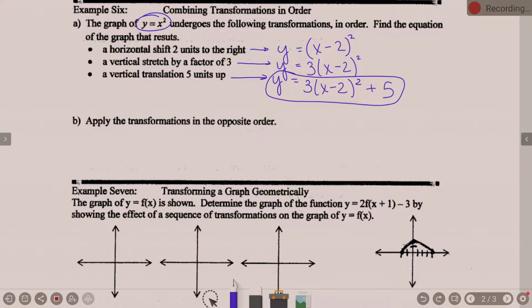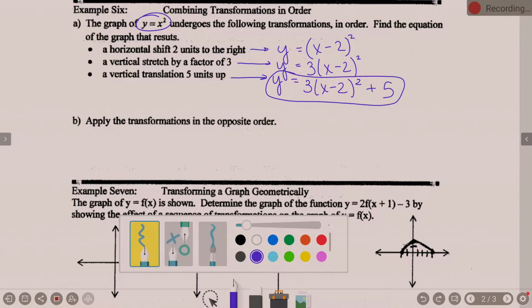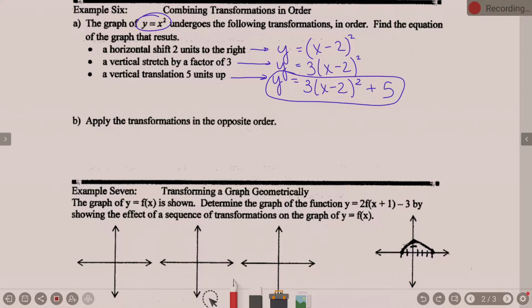Now, what's part B say? Yeah, in the opposite order. So, okay, we're going to start with 5 up, which means we're going to say y equals what? X squared plus 5.